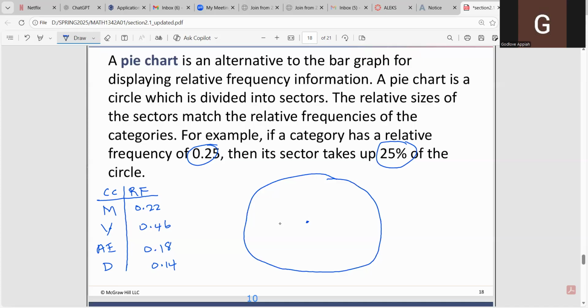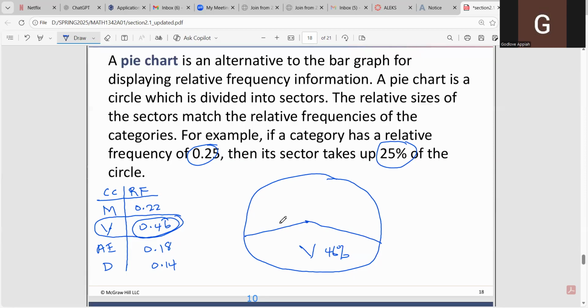The largest relative frequency here corresponds to the Visa card, so this category would occupy about 46% of the circle. I'm going to draw a radius right here and another radius right there. This portion represents the Visa category, about 46% of the circle.